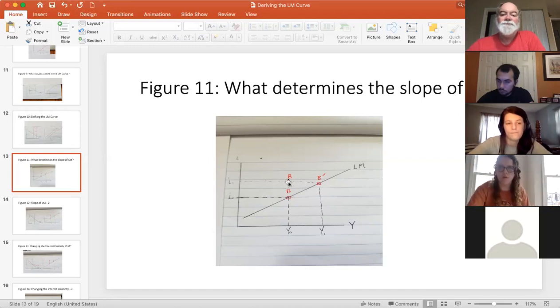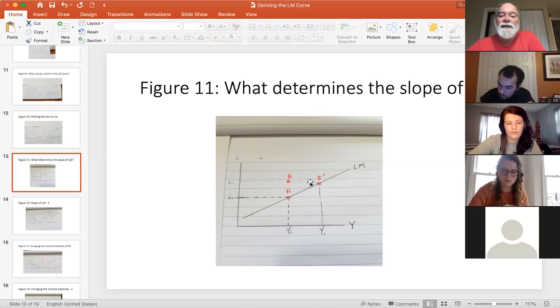Now, to get back on the LM curve, we need to do something to raise money demand back up to what it was originally. The only other tool that we have is for GDP to go up.